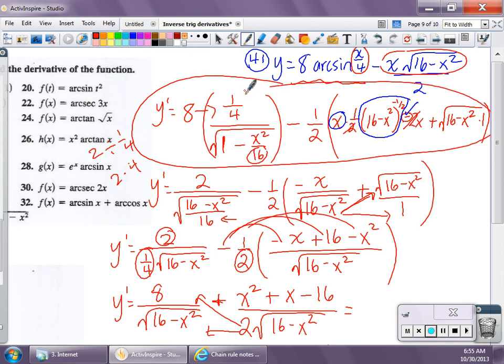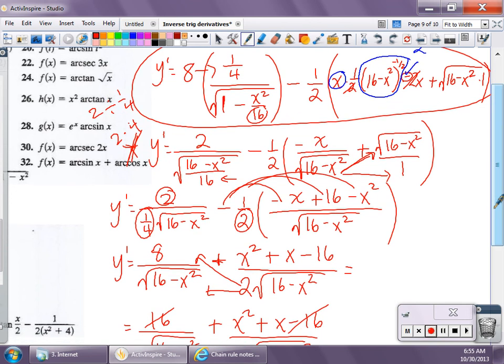Did you recognize arcsine? Did you recognize the product rule? After that, at least to this point, I'd prefer you to be able to go further than that. But I'm going to take a second and check my work to make sure that I didn't make a careless mistake.